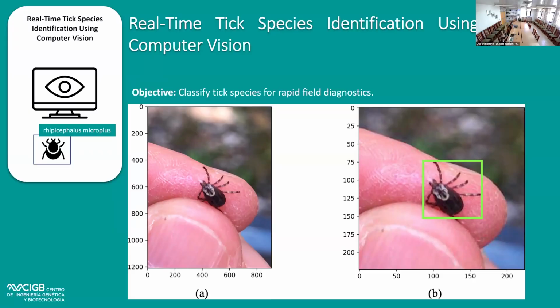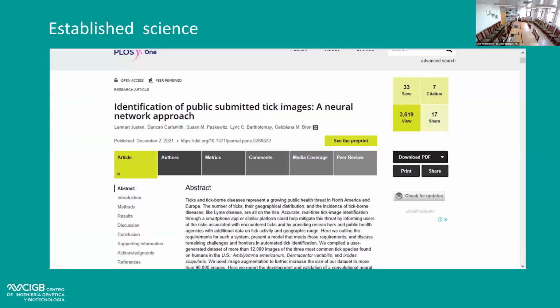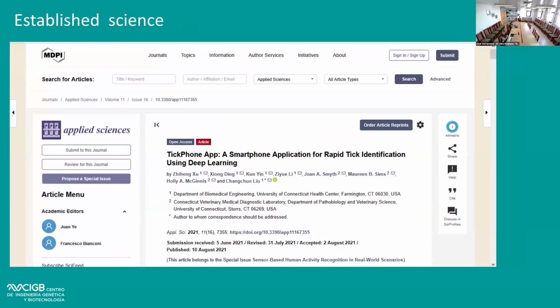Also, we start from the fact that this is established science. There are many papers talking about it, and computer vision has established itself as a fundamental tool for pattern recognition in images and videos with a wide variety of applications spanning multiple sectors and contexts.